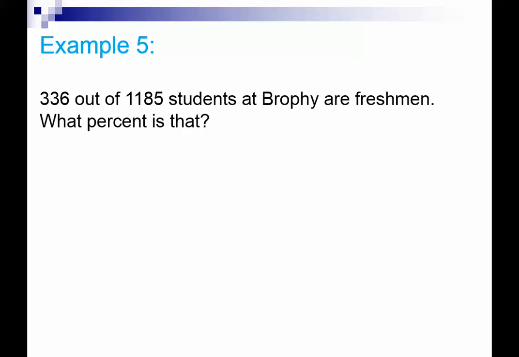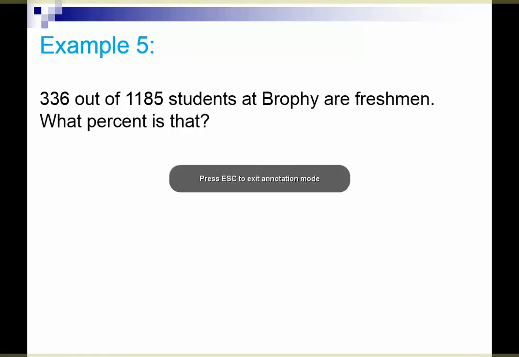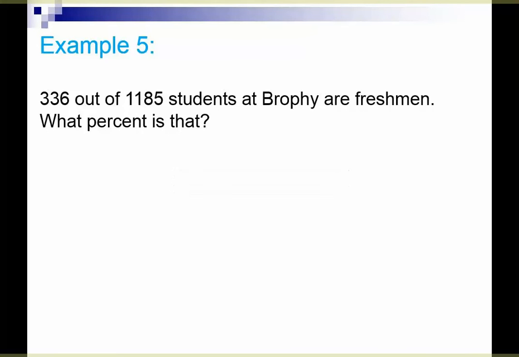All right, proportion problem. 336 out of 1185 students at Brophy are freshmen. What percent is that? So go ahead and use your knowledge of proportions. Go ahead and figure that one out. Good luck. Okay, so we're using that part out of a whole equals percent out of 100.